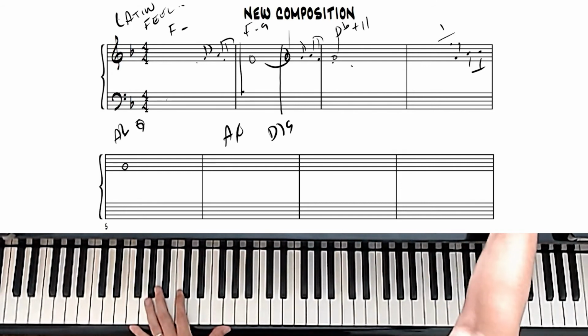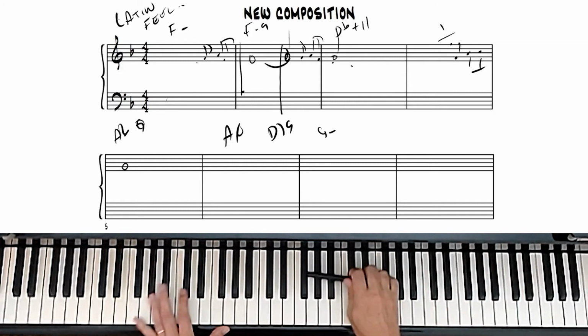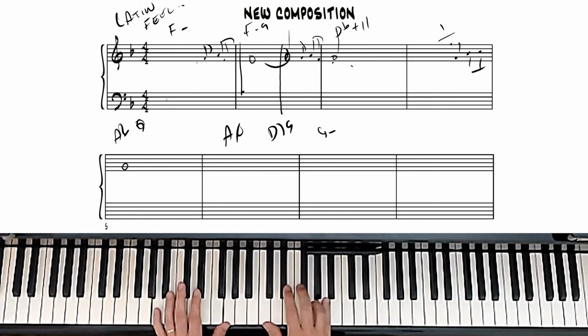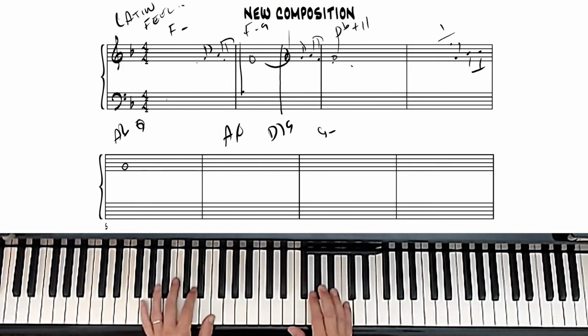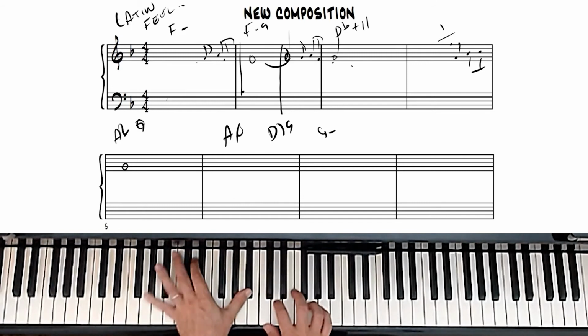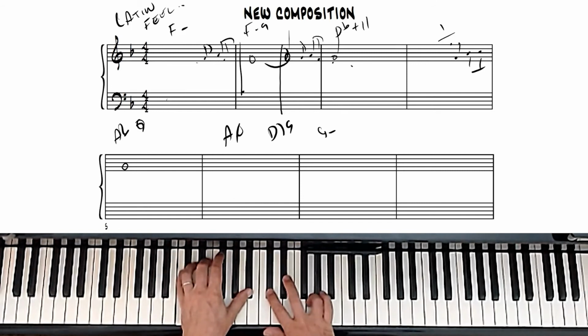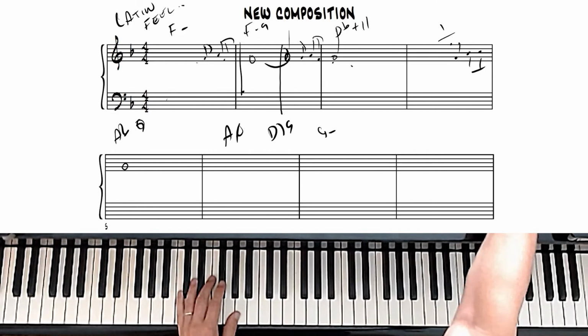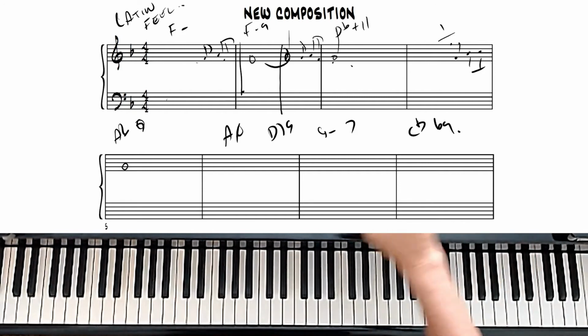So I'm liking the progression as it's going here. So 2-5, and then we're going to G minor. And that would be a simple head. So G minor 7 to C7 flat 9.